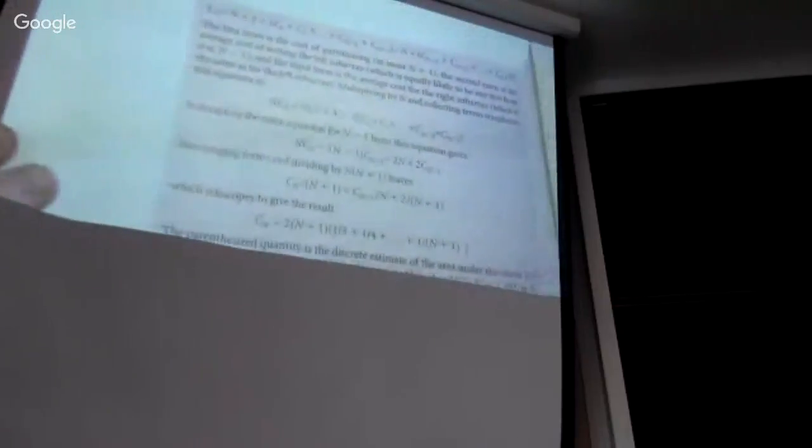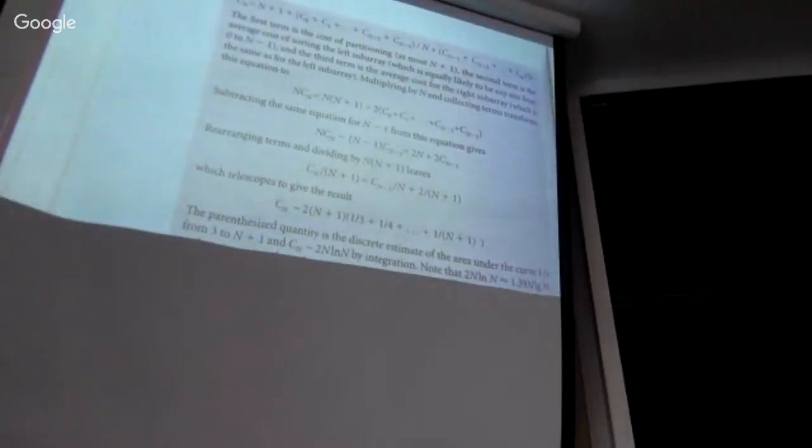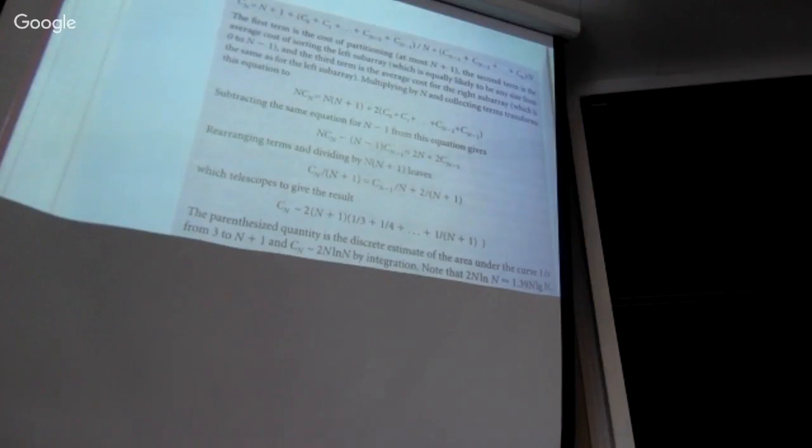So, wow, okay. Rather long recurrence relation, but let's pull it apart. The first term is the cost of partitioning. And now again, you have to go back to the code and say, why would it take n plus 1 steps to partition? So look at the Java.